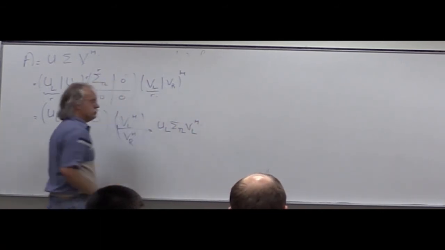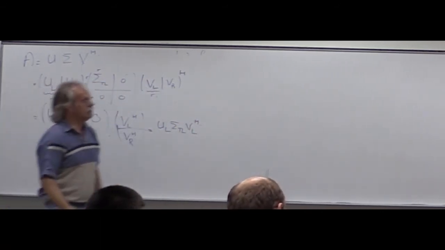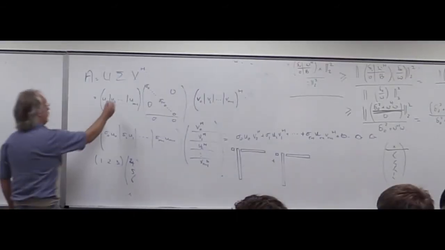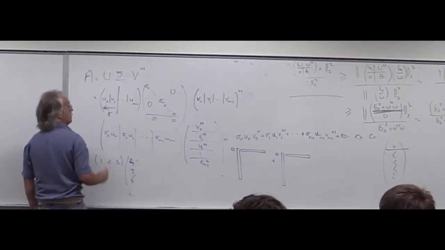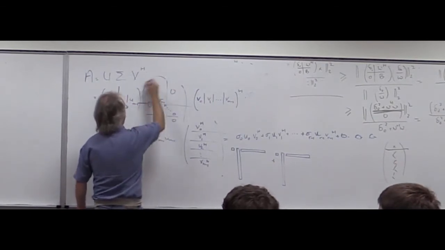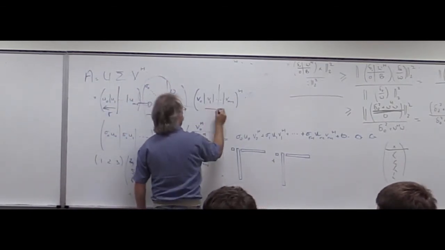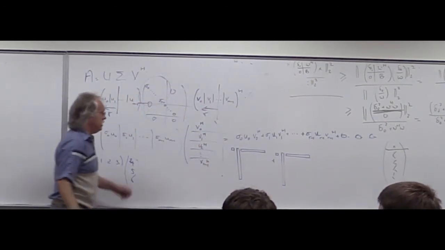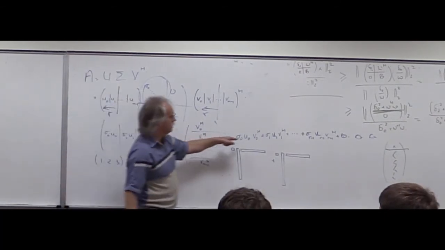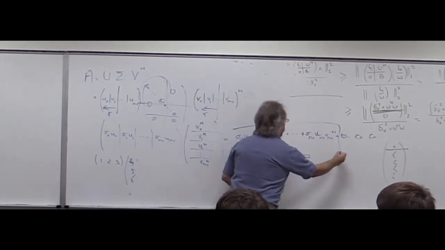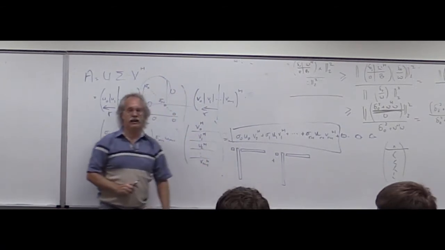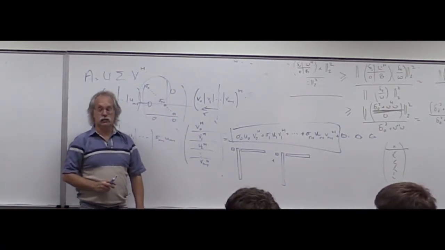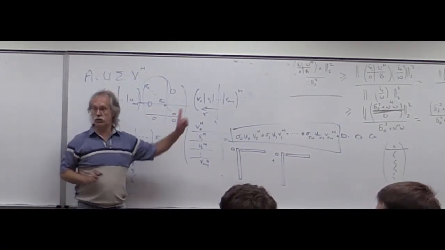What is that? That is the first r columns here, times this block here, times the first r columns there, which if you multiply it out will get you exactly that right here. And that's how the notation relates to that.